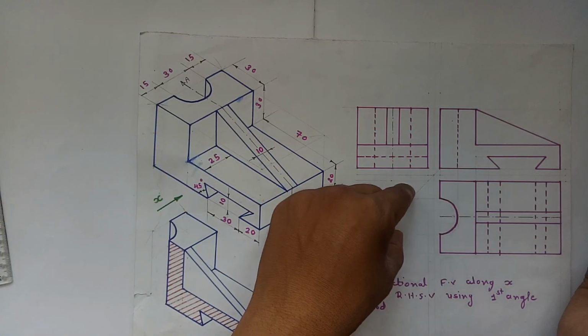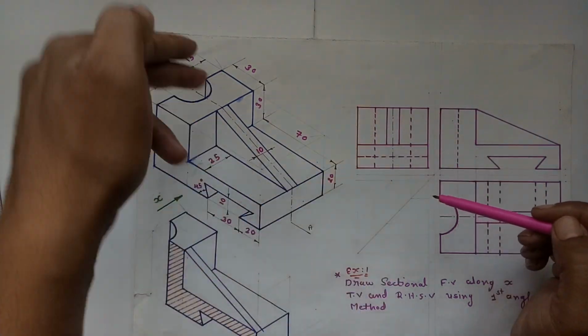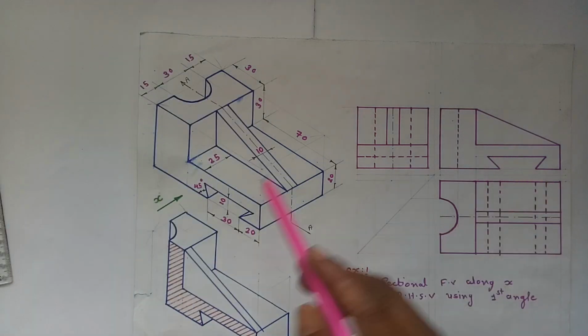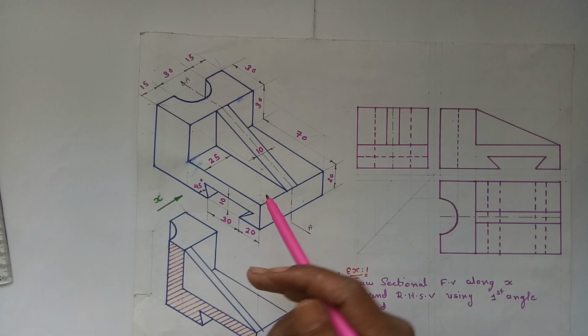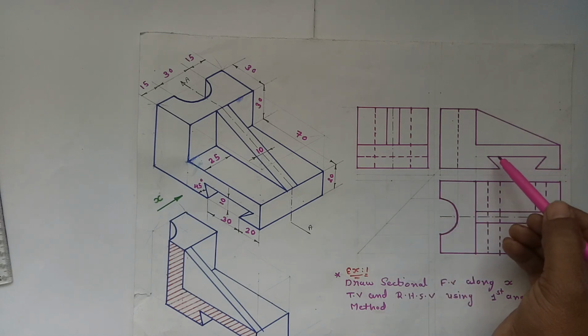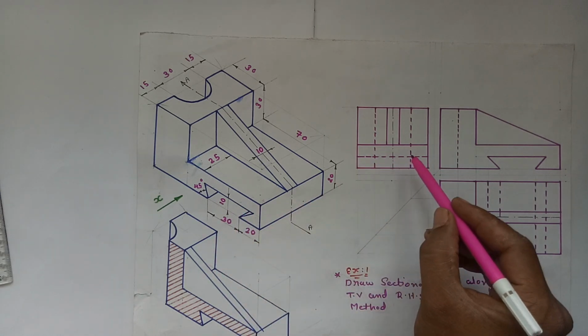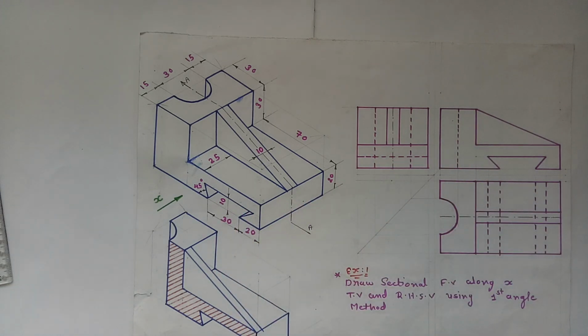So by taking the projection from the top view, we have shown the hidden outlines for the circular part, and this slot is not going to be visible in the right hand side view. So we have taken the projection from the front view and shown the V slot by using the hidden outlines in the right hand side view.